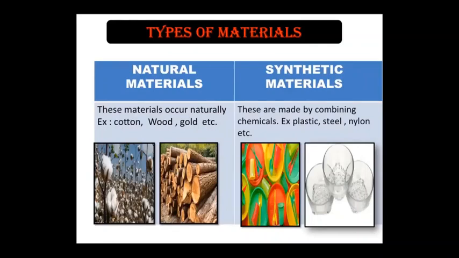Synthetic materials. Materials which are made by combining chemicals are called synthetic materials. Example, plastic, steel, nylon, etc. So what are the two types of materials there? Natural and synthetic. Natural materials occur naturally and synthetic materials are made by combining chemicals.